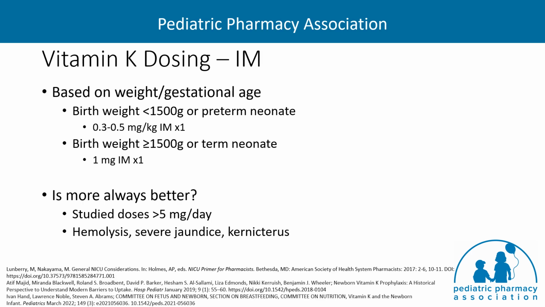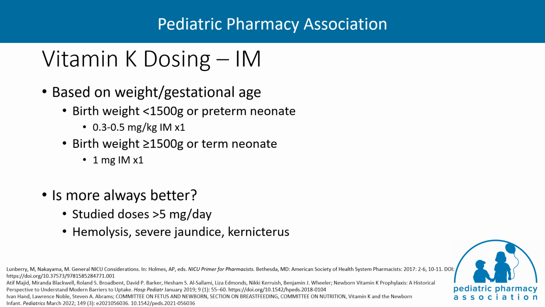Now let's move into dosing. We're going to start with intramuscular, and dosing is based on weight and gestational age. For those with a birth weight less than 1,500 grams or preterm neonates, dosing is recommended to be 0.3 to 0.5 mg per kilo times 1.